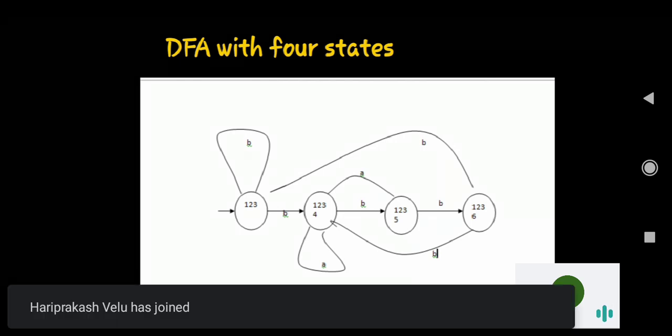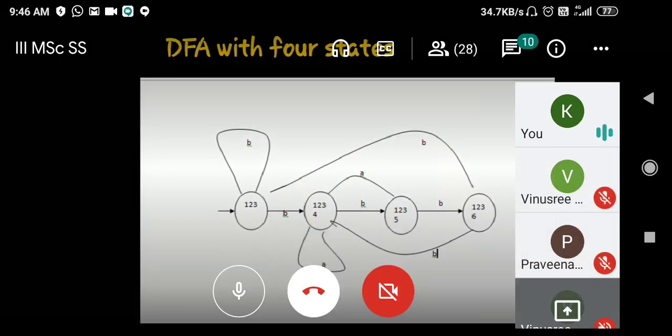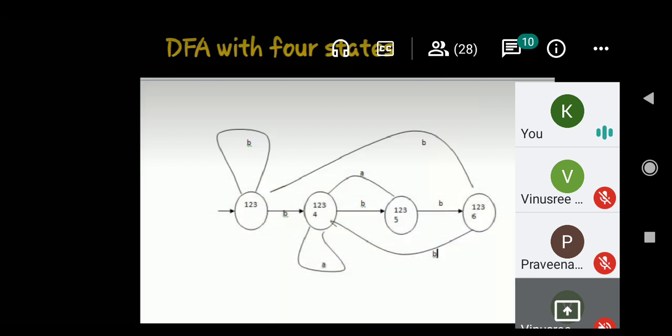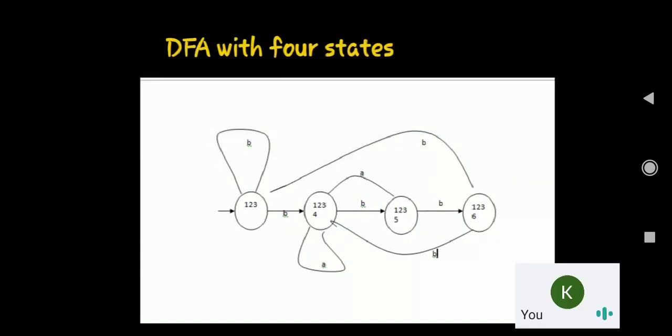And now it is passing the output from 1 2 3 to 1 2 3 4. The output here is small a. Here in this slide, what has been mentioned as small b is not small b, it is small a. Okay. So the work of capital A and capital C in the previous diagram is done by a single state in this DFA. The state is 1 2 3, this particular state, which is going to do the work of two states of the previous diagram.